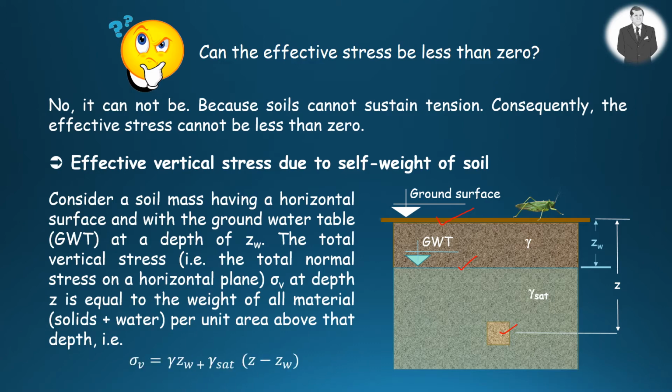That is to say, sigma vertical is equal to gamma times Z sub W.